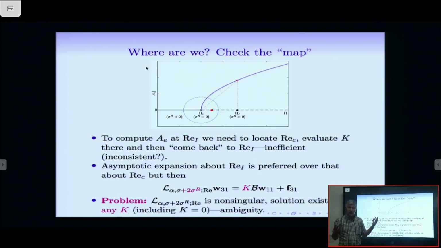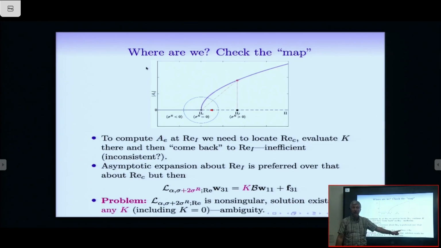So we can't really solve that. We have one more unknown than equations. So we need to invent the extra equation. Okay? So that's basically what we have to do algebraically. And we know what that equation should represent. It should represent the condition under which what we obtain, this solution W31, will be perpendicular to W11.